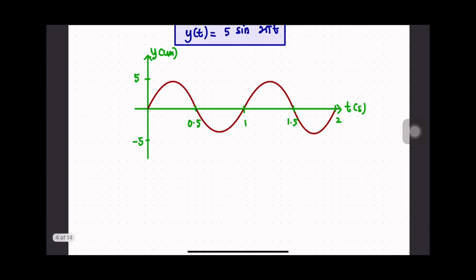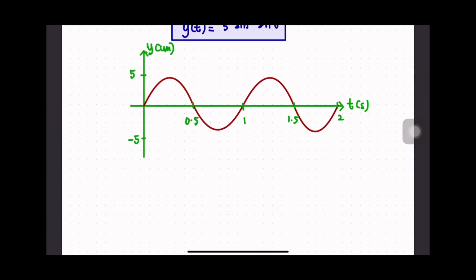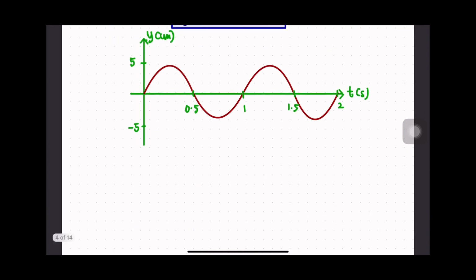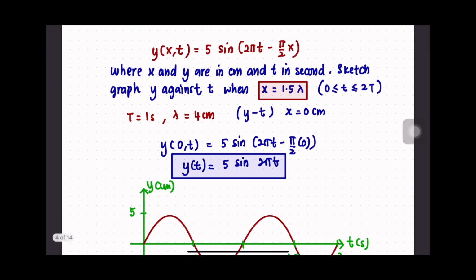Okay, good. So now we do it when they give the condition. The condition means when x is equal to 1.5 lambda. Okay, so substitute 1.5 lambda. Okay, so now we take the condition first. The value of x is 1.5 lambda. And then substitute the value of lambda, 1.5.